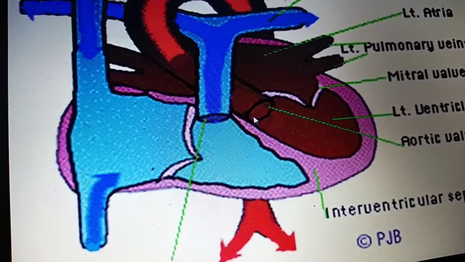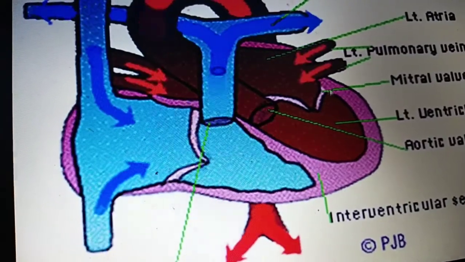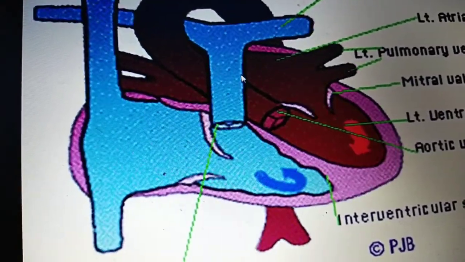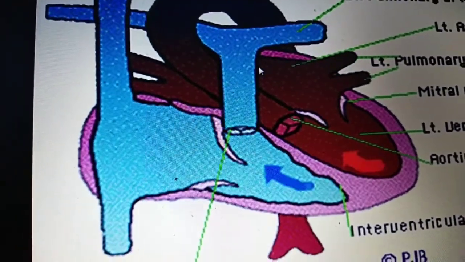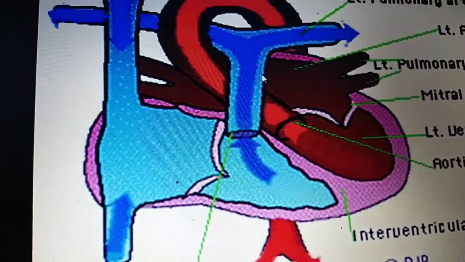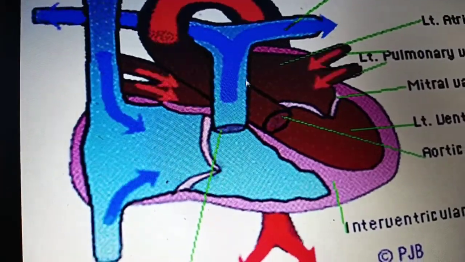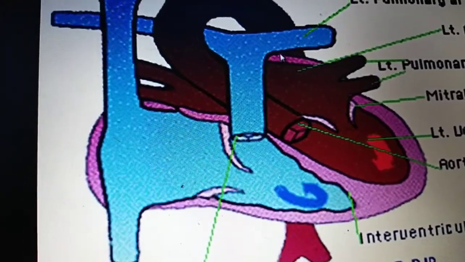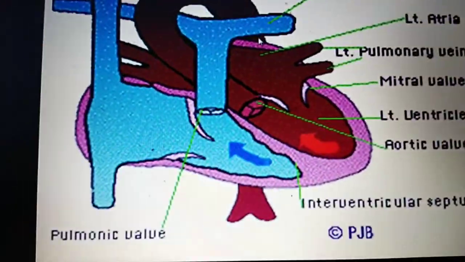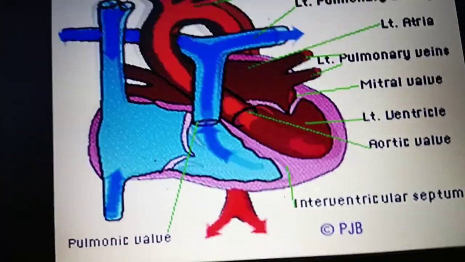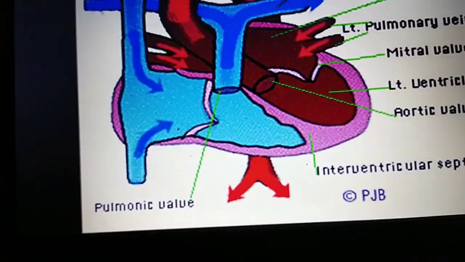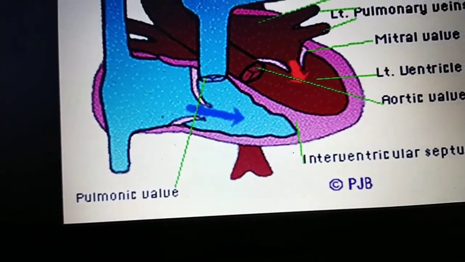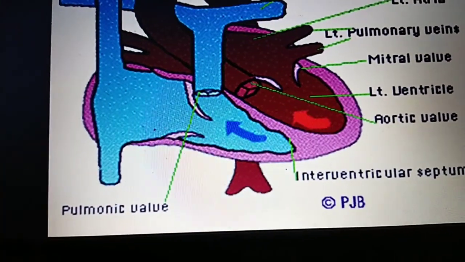The root of the aorta arises from the left ventricle. The pulmonary trunk overlaps the root of the aorta, or ascending aorta, passes posteriorly, and then divides into the right and left pulmonary arteries. This is the pulmonary trunk, an artery that carries deoxygenated blood from the right ventricle.